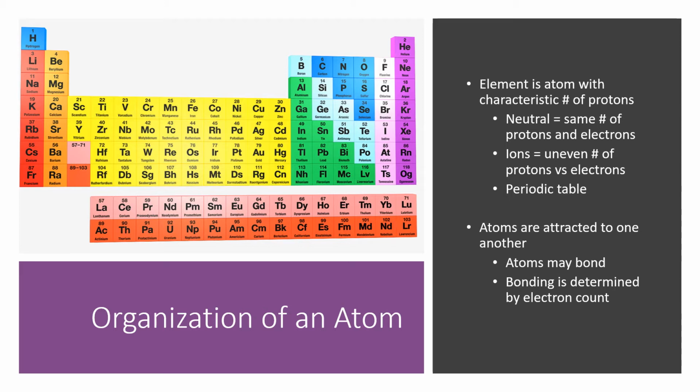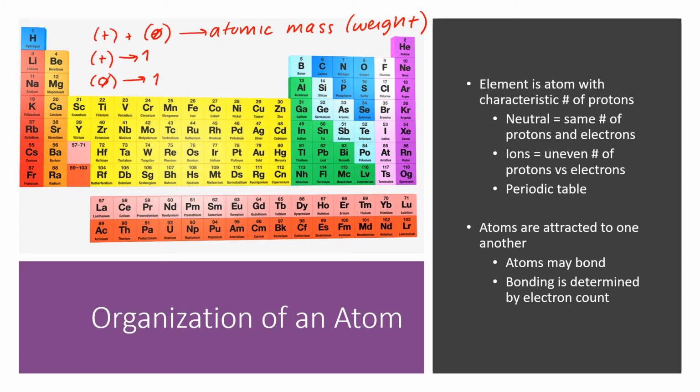The number of protons plus neutrons gives you your atomic mass. In other words, for practical purposes, it's weight. You assume that a proton has a weight of 1 and a neutron has a weight of 1.